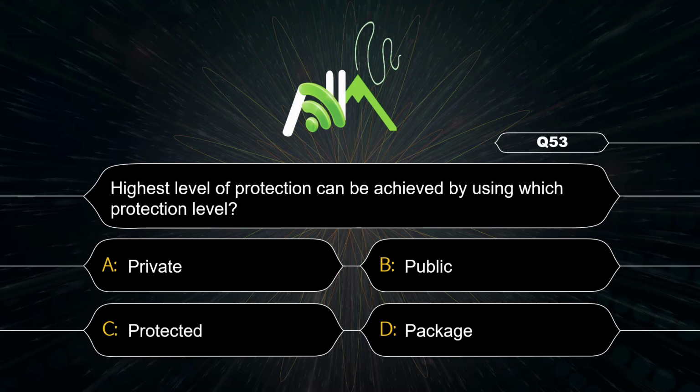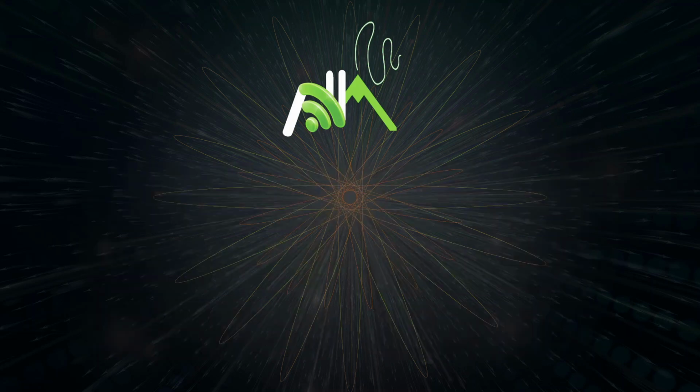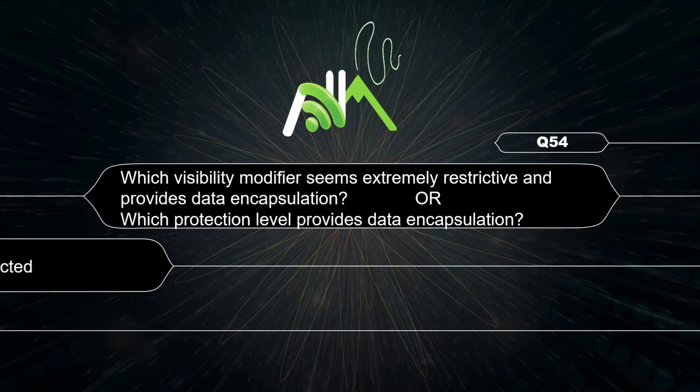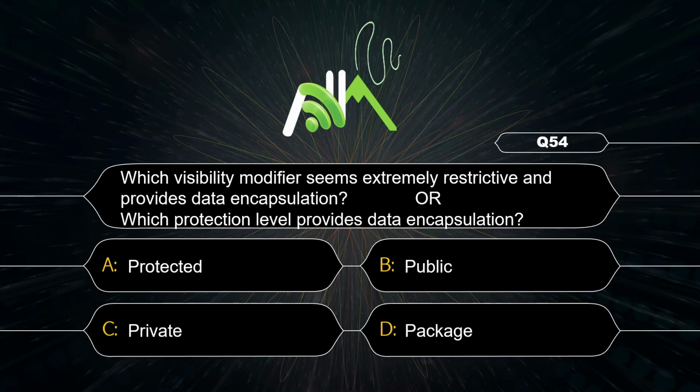Important question. The highest level of protection can be achieved by using which protection level? That is private. Option A. Which visibility modifier seems extremely restrictive and provides data encapsulation? That is private again.